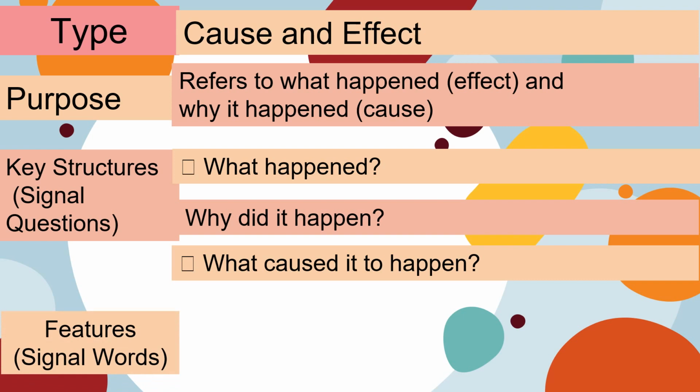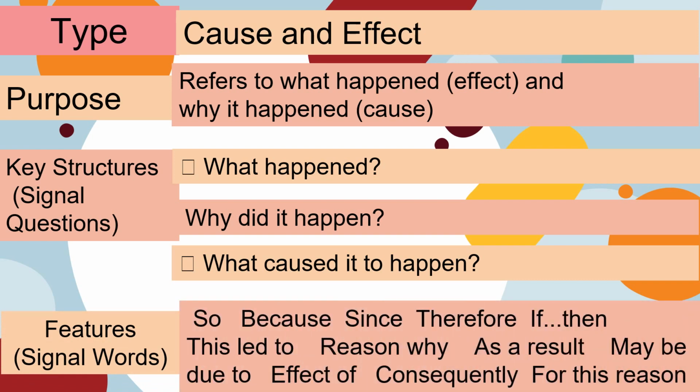And the features or the signal words: so, because, since, therefore, if, then, this led to, reason why, as a result, maybe, due to, effect of, consequently, for this reason.